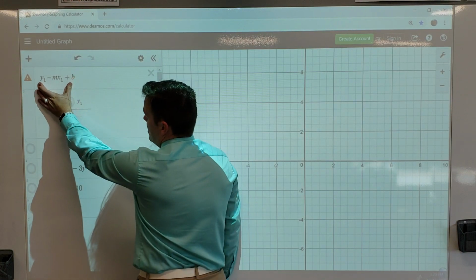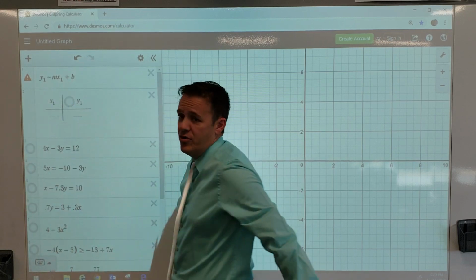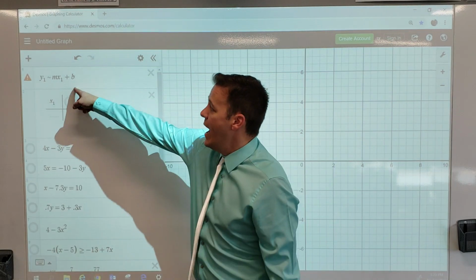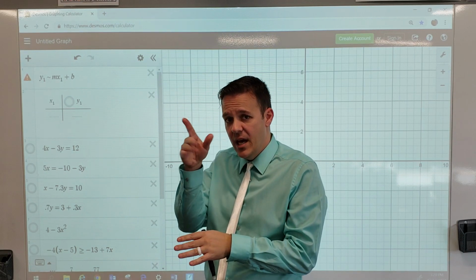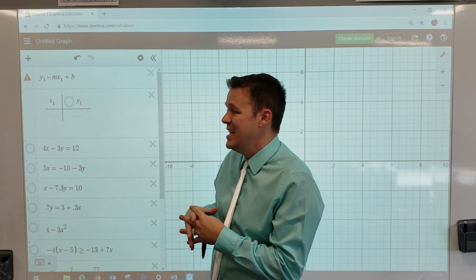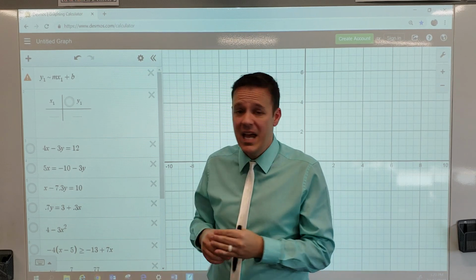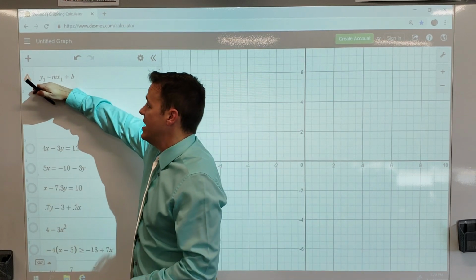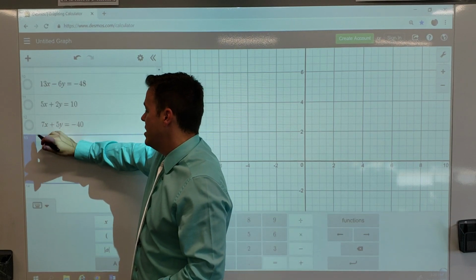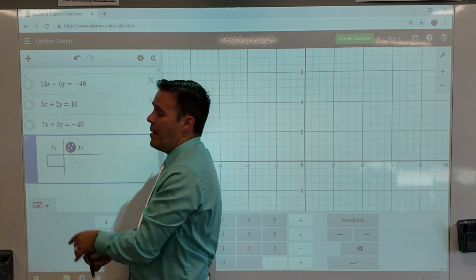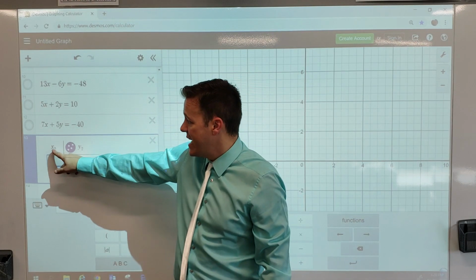So, big key functionality for you guys. This piece is the equation you need to put in your notes. I need you to make sure you have this memorized: y1 ~ mx1 + b. It's very important. After you plug this line in, you click this button right here, and you enter a new table, okay? On the table, most of the time it's going to say x1.